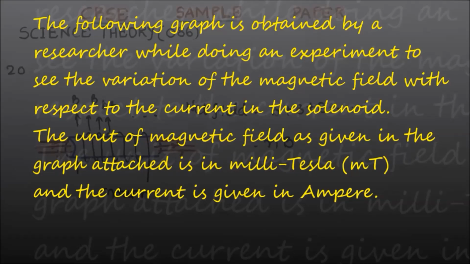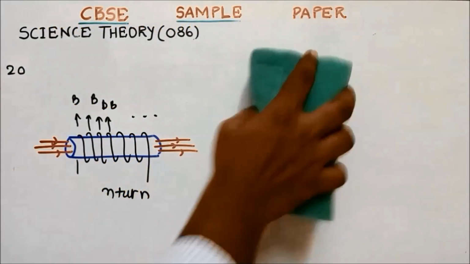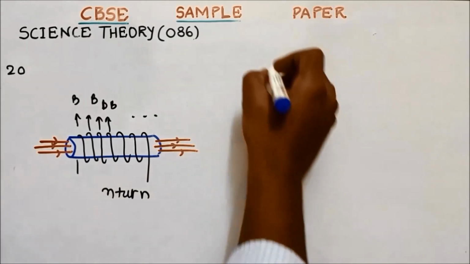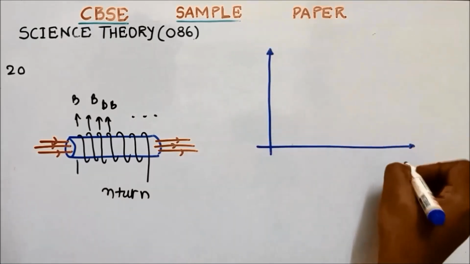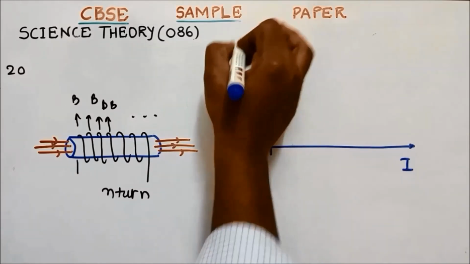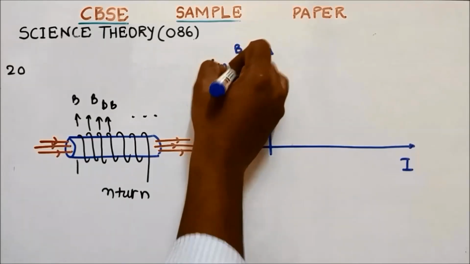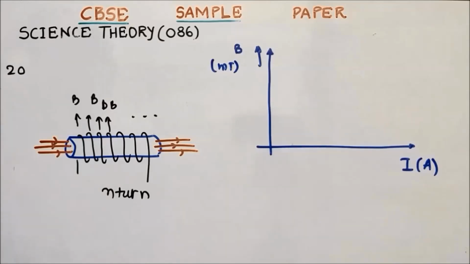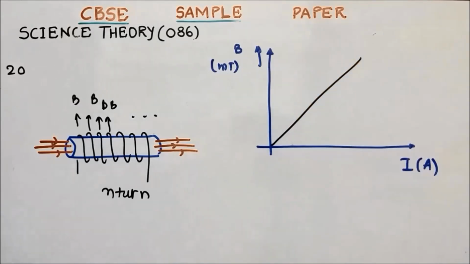So let me draw the graph for you here, so that would be a reference for you. The x-axis is current and the y-axis is magnetic field. The unit of magnetic field is millitesla, and the unit of current is ampere. The graph is a straight line.